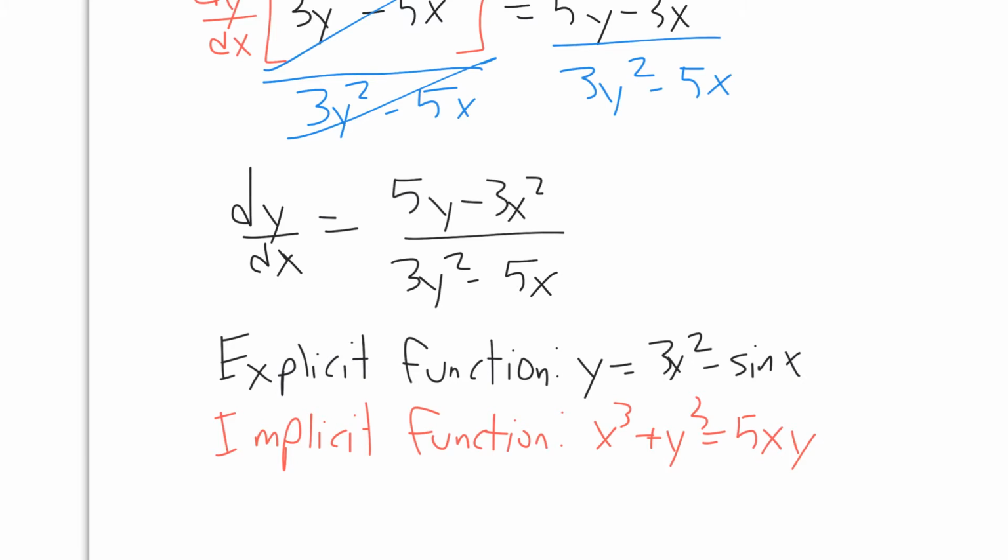You have some type of relationship, some type of equation, maybe even some type of function if it passes the vertical line test, but you're not being explicit. You're not explicitly saying what y is equal to. So this is called an implicit function. The function y equals, maybe you could solve for it with enough work. It's implied that there is a y here, but it's not explicitly given.